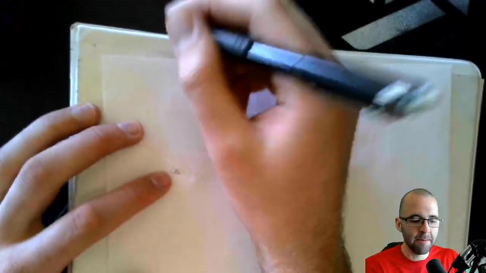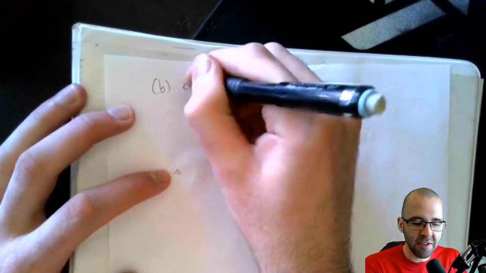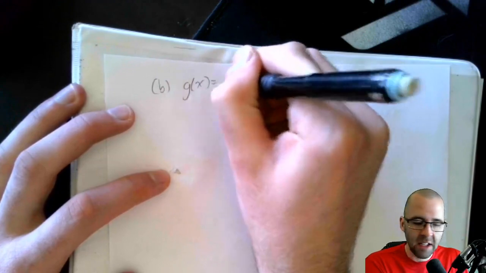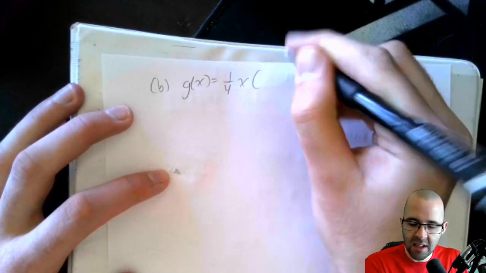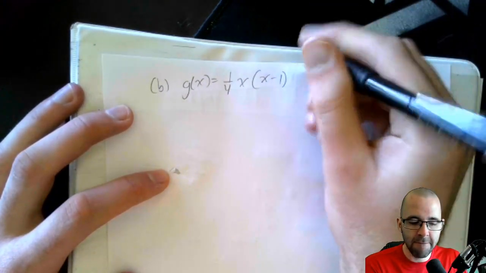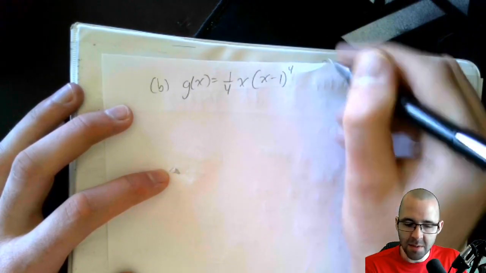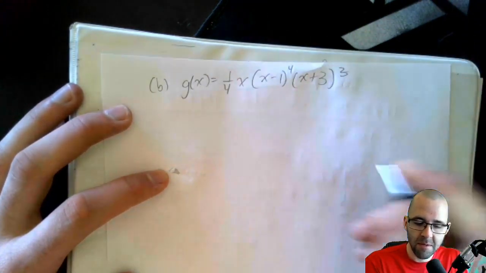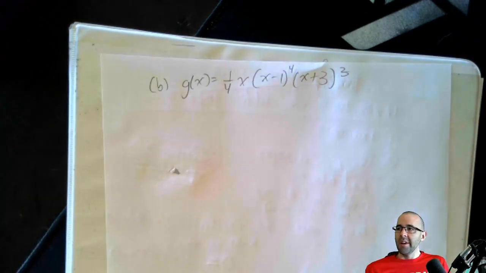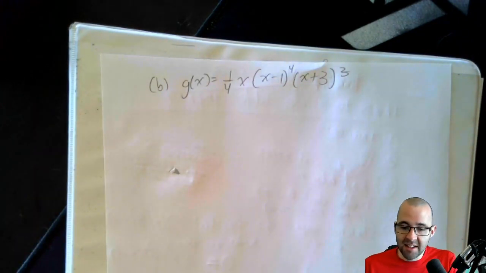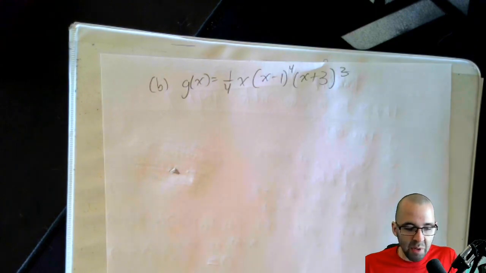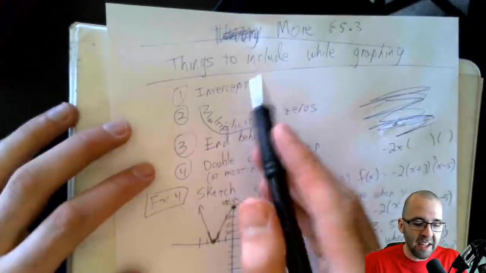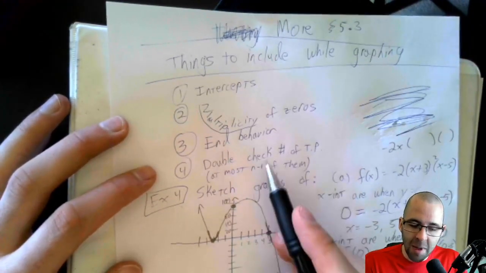All right. Example 4b. Sketch the graph of g of x equals 1/4 x times (x minus 1) to the 4th times (x plus 3) cubed. So we just go through that list of things that we need to find: the intercepts, the multiplicity, the end behavior.